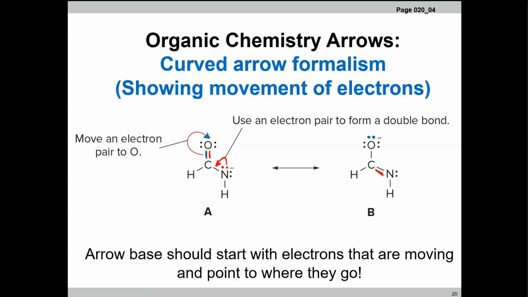If we look closely at this first example here, we should be able to recognize that this carbon is going to be partially positive because that oxygen is going to be more electronegative, and that's going to help direct where these electrons are going. So you can see that the negative electrons are going to go towards that positive center, and then that's going to force these other electrons in the double bond up towards the oxygen.